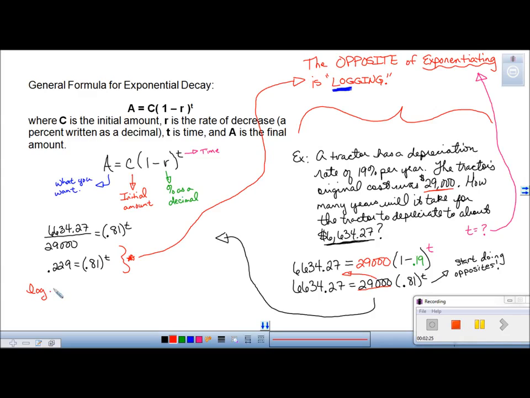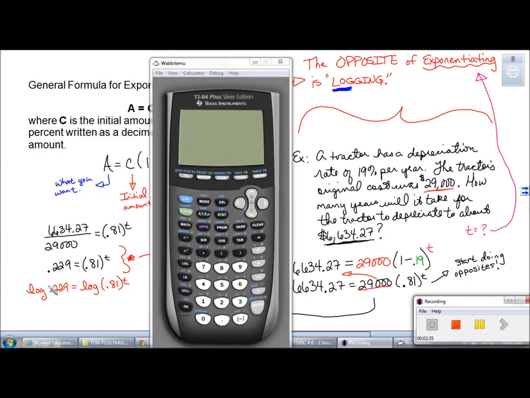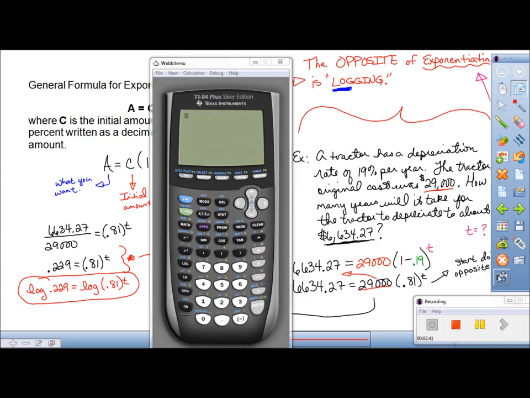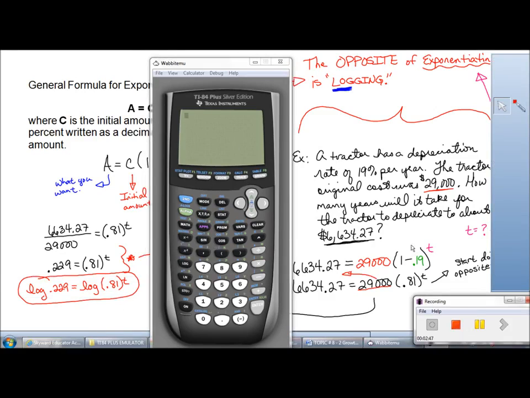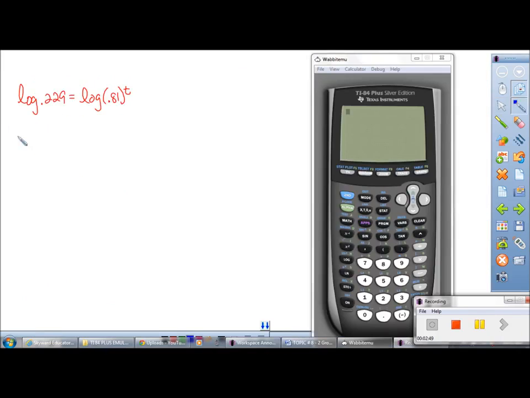No trees were hurt during this problem. So we take the log of 0.229, and then we take the log of 0.81 to the t power. And let me get some more space here with this problem. Open up a little bit of extra room here. There we go.